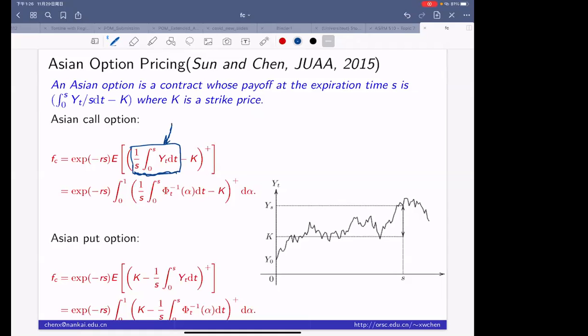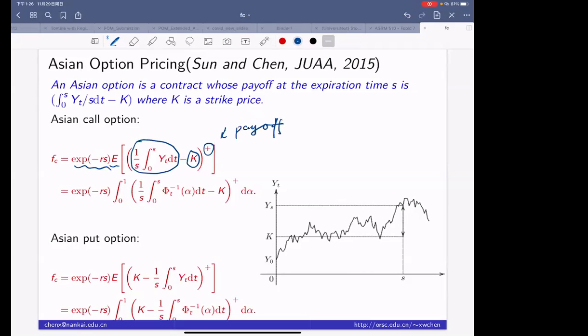For the Asian call option, you can find the payoff is just the underlying asset price average minus the strike price, take the positive part, take the expectation and discount it. So this is the payoff.